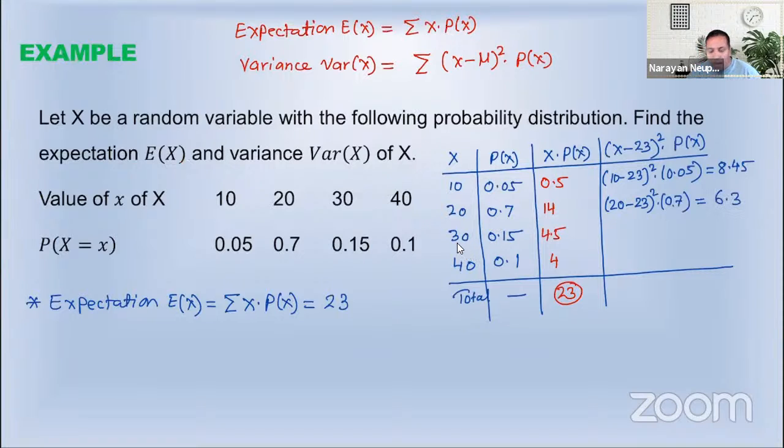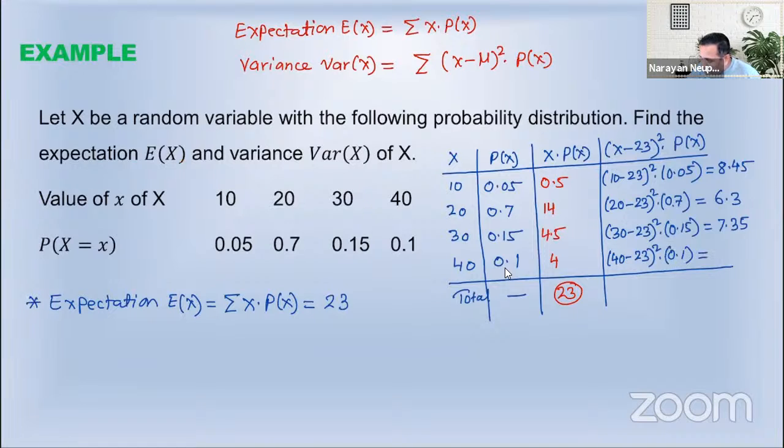For the third row, the value of X is 30. 30 minus 23 squared times the probability 0.15. If you simplify this using the calculator, you should get 7.35. Make sure you check it. And for the last one, your X is 40 minus 23 squared times the probability 0.1.